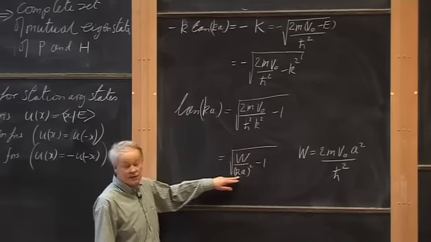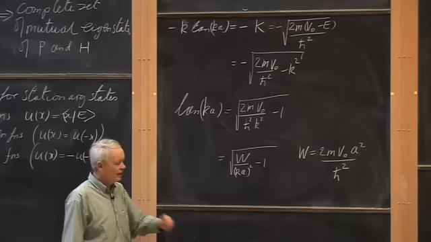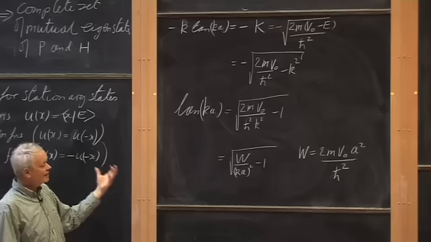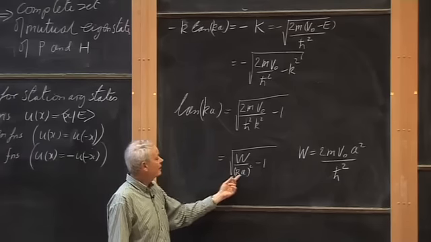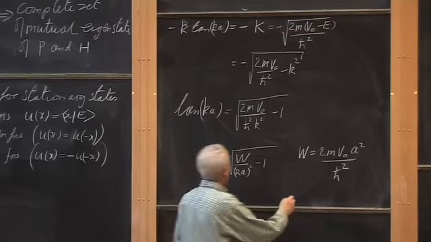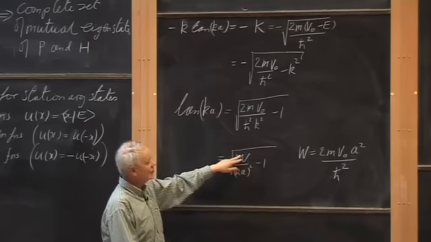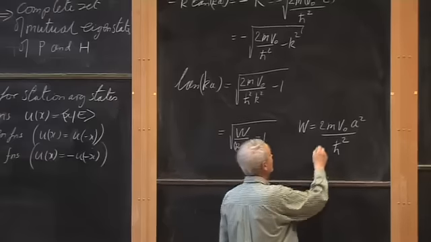Ka is obviously dimensionless because k is a wave number. The wave function was sine kx. The argument of a sine must always be dimensionless. So this is dimensionless, that's obviously dimensionless, therefore this must be dimensionless. You can explicitly check that. So the reason I've defined W is that this thing is dimensionless.